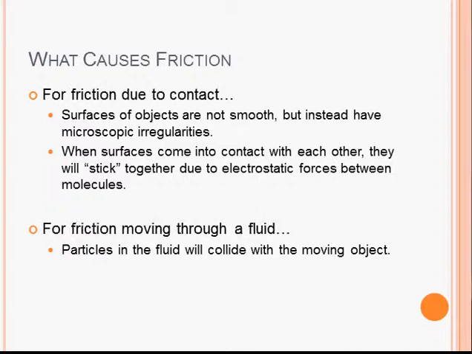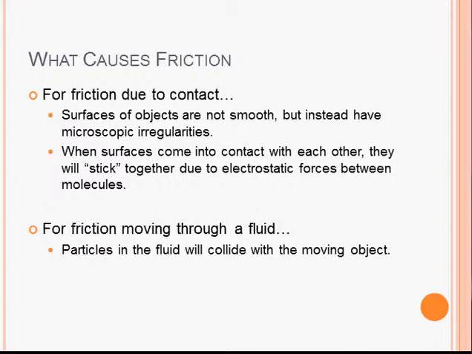Now, if you're moving through a fluid, like let's say you're swimming, what's happening there is you're running into all the particles in front of you. And there's friction moving through a fluid. It doesn't have to be a liquid. It could be a gas. Think of sticking your hand out of the window while you're in a moving car. Your hand is pushed back because all those air particles are pushing on your hand and moving it backward. Okay, same thing moving through a swimming pool.